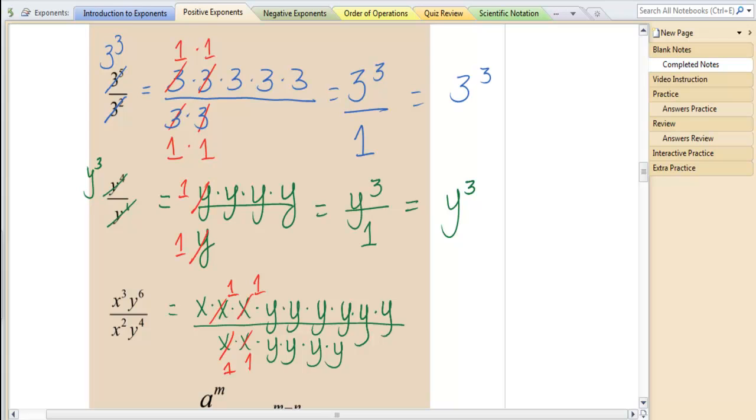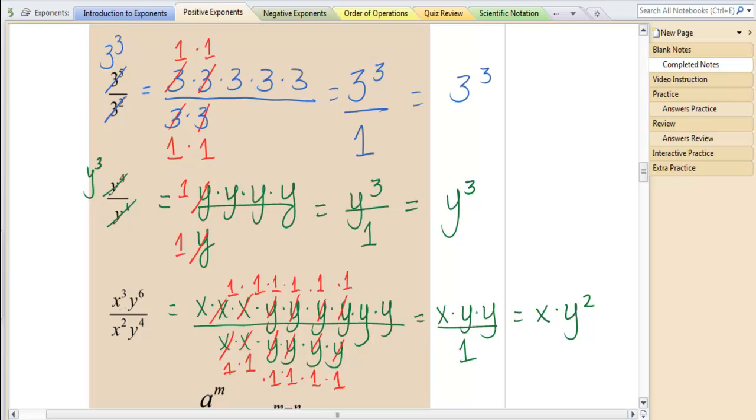And then cancel any y's I can, so that y divided by y is 1. And let's see what we have left. Hopefully you ended up with 1x and 2 y's in the numerator, and just a bunch of 1's being multiplied in the denominator. So that's x times y squared in the numerator.